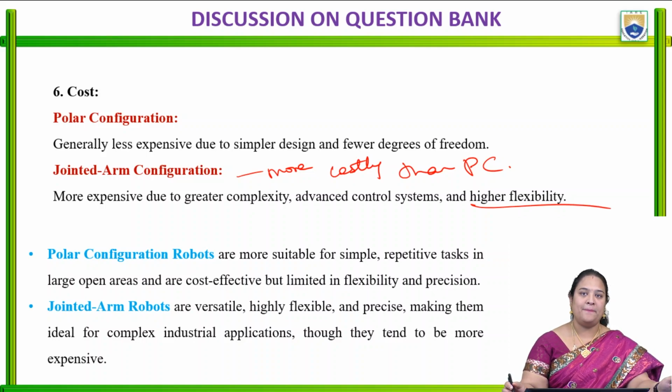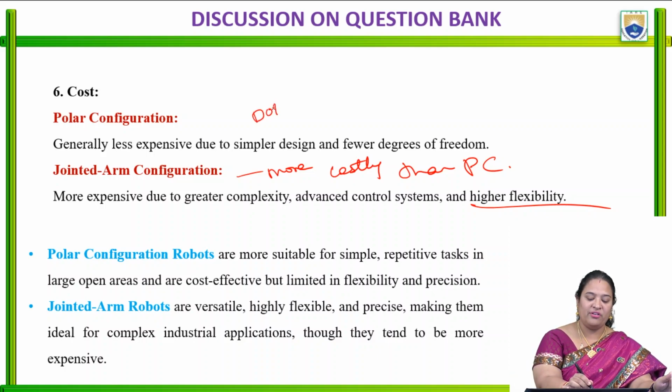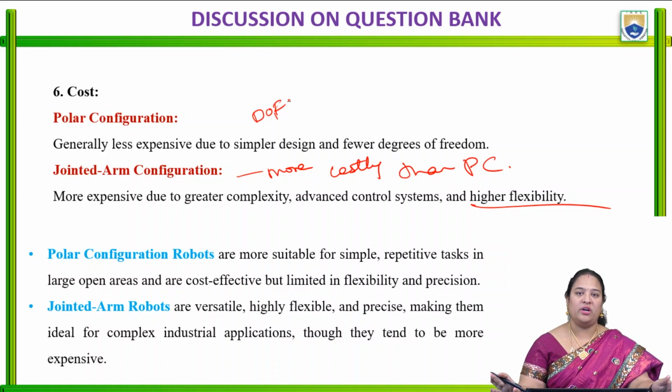It uses high-end control systems, while the polar configuration has a very simple design and very few degrees of freedom, due to which it is less costly.